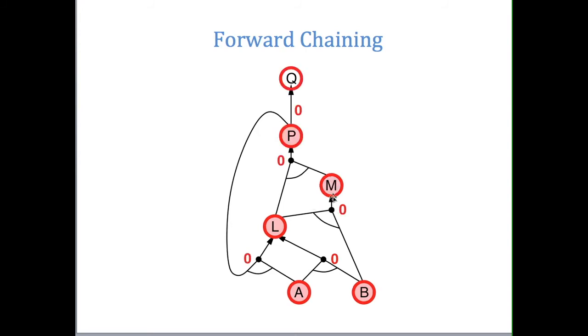What else can we deduce? Well, we also know that L and M implies P, okay? And what's more, P implies L, but we knew that already, so that doesn't really help us. But it's also true that P implies Q, which is, in fact, what we were aiming to find.